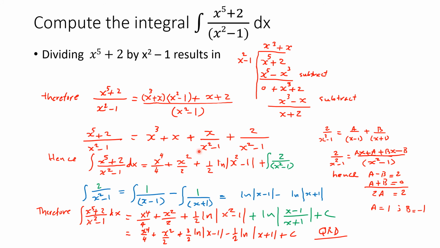Because the numerator is not really the derivative of the denominator. We have to make a trick, and the trick is we have to make the numerator the derivative of the denominator. What's the derivative of the denominator? It is 2x. So we have to multiply by 2 on the top, and then we have to divide the result by 2. So dividing the result by 2 is just writing 1 over 2.